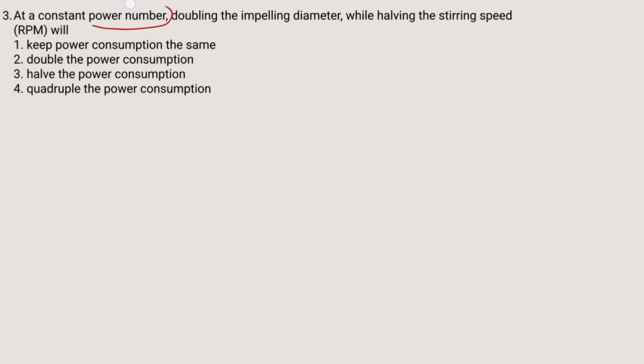At constant power number. So what is the power number? Power number is a dimensionless quantity which is used to characterize the power consumption of bioreactors.